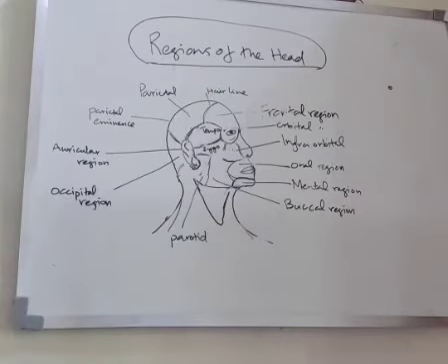Occipital region. The location of the occipital region is an area of the cranium behind the parietal eminences.